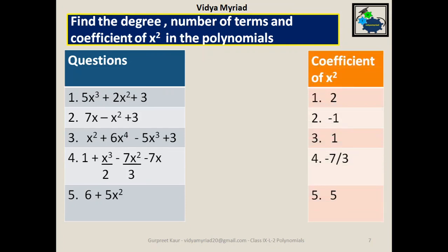Then 7x minus x square plus 3, I will write minus 1. With x square you have a minus and no number, so it is minus 1. In the third case, you have x square with coefficient 1. In the fourth case, you have x square as minus 7 upon 3, and in the fifth case with the x square, you have 5 as your answer.